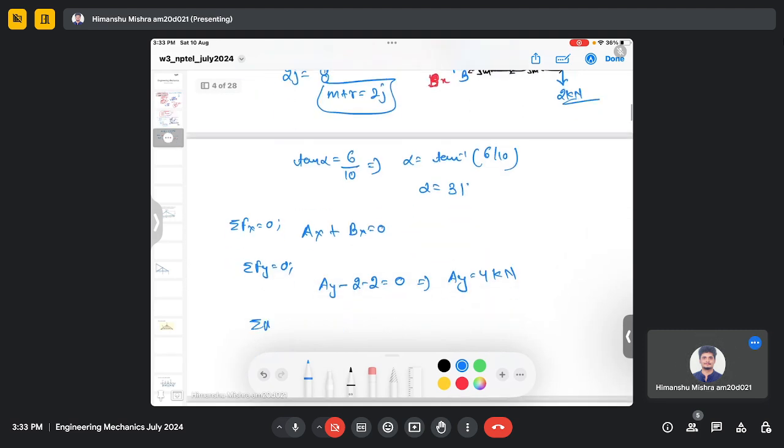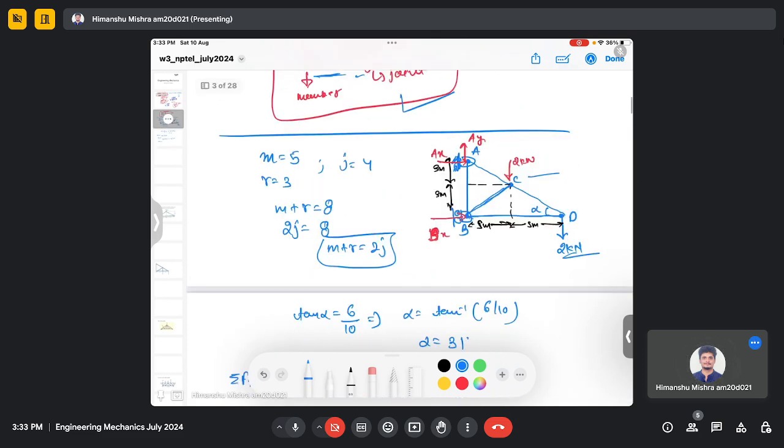So the summation of moments equals 0 at point A, and the force causing this moment will be BX, because it has a perpendicular distance of 6 meter. This is 2 kilonewton, which has a perpendicular distance of 5 meter, and this force has a perpendicular distance of 10 meter.